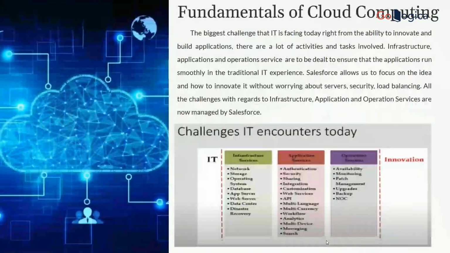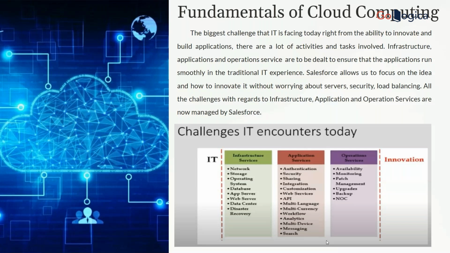So this is basically the fundamentals of cloud computing. It covers infrastructure services, application services, and operation services. So we don't need to rely on setting up the network or the infrastructure of how the information will be stored, the operating system, databases.